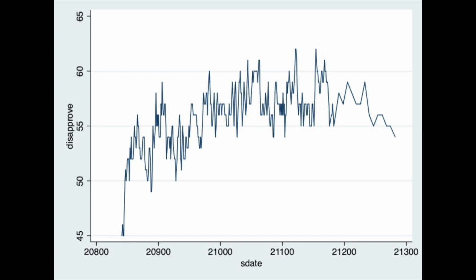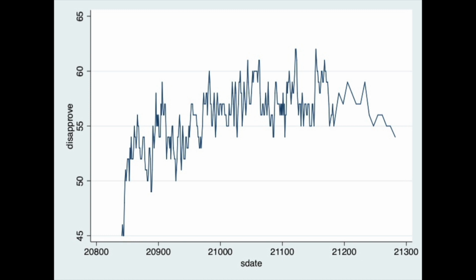So if you were to count the number of negative CNN stories Trump gets on a day, or the number of positive news stories Fox News gives on Trump a day, you could then attempt to match those values up to the peaks and troughs, the differences in the average of where Trump is in his approval ratings for a given time period.